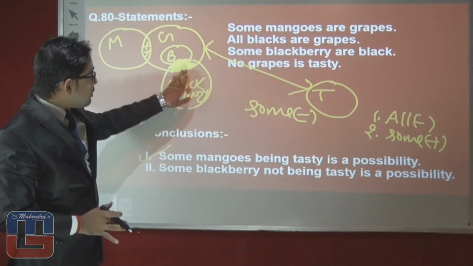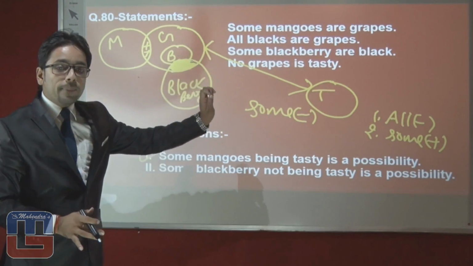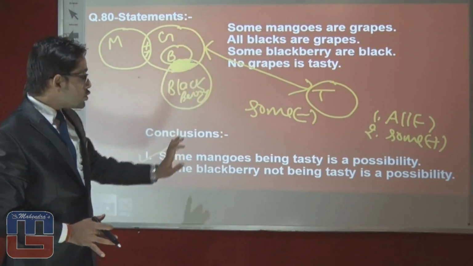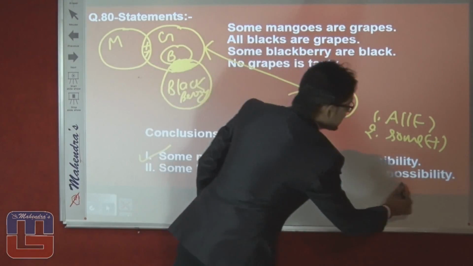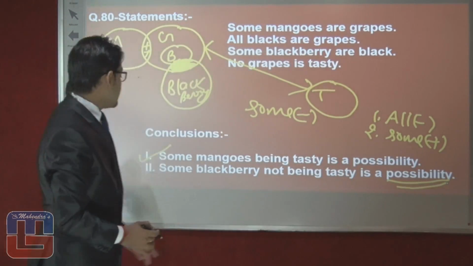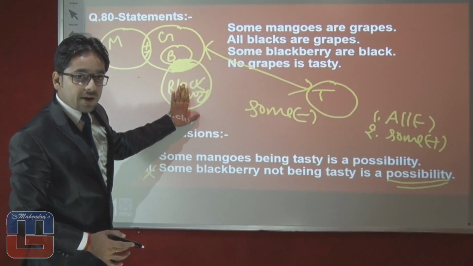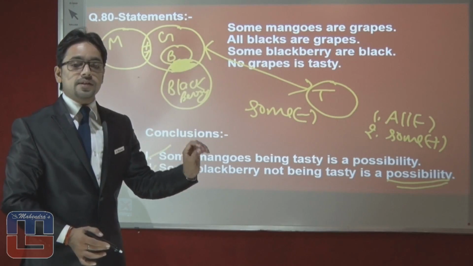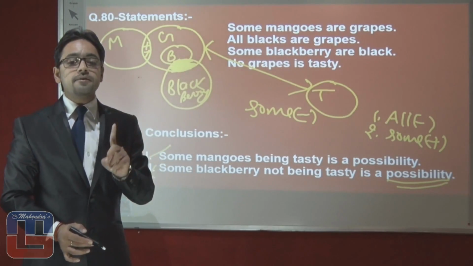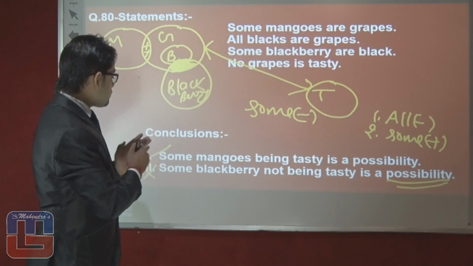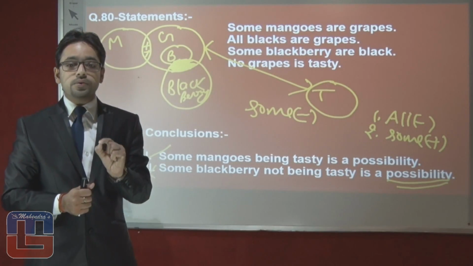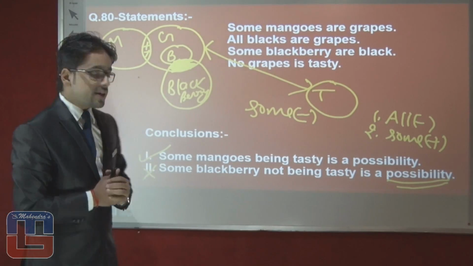As you can see, some negative is already mentioned through the statements, so the conclusion is saying it in a possibility. So we can say that the second conclusion is false because it is a definite statement. If any definite statement is written as a possible case, that will be a false answer. So the right answer of this question will be only conclusion first follows. Let's proceed towards the next question.